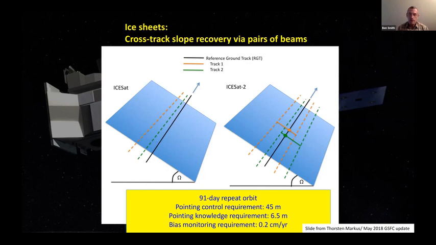With ICESat-2, for each of those three beam pairs, we're measuring two elevations separated by about 90 meters, and that lets you correct for the cross-track slope. It lets you know what the cross-track slope is and infer the elevation of a common point. So we can eliminate the cross-track slope and get elevation change directly from the four measurements you get with two repeats over a particular location. Or if you have more measurements, you can do a better job of estimating what the surface height is.